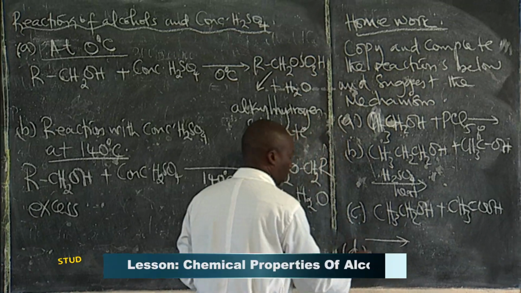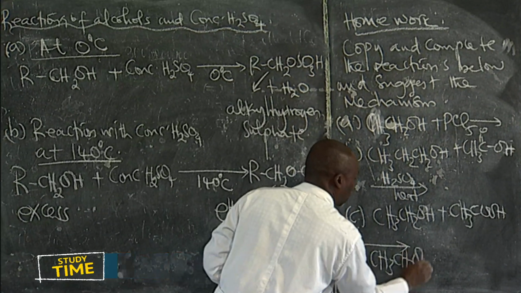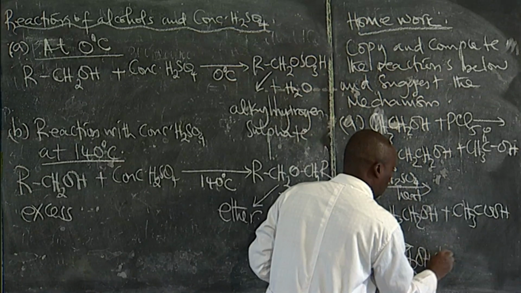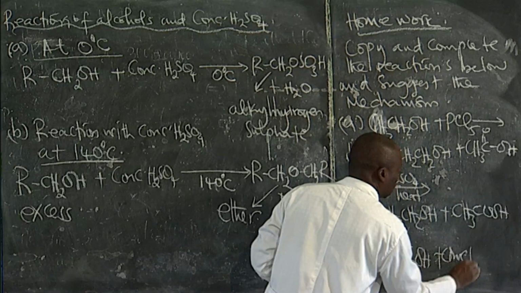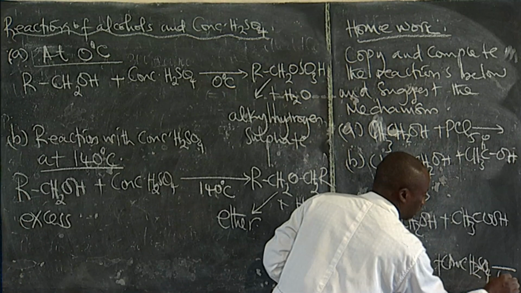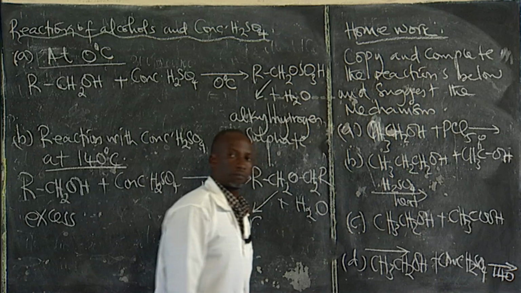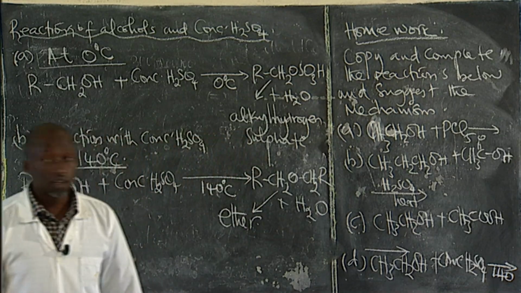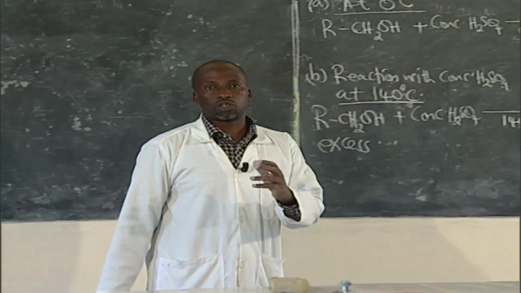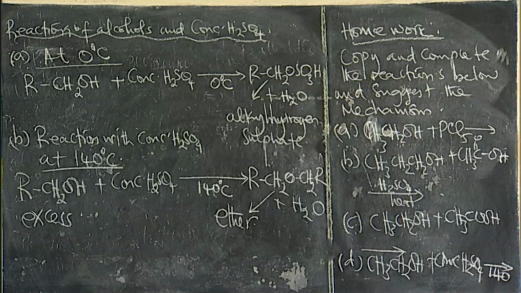And D, you will give the alcohol, which is ethanol, plus concentrated sulfuric acid at 140 degrees. So that is the homework. Try to do the homework, finish, and then suggest the mechanism for those reactions.